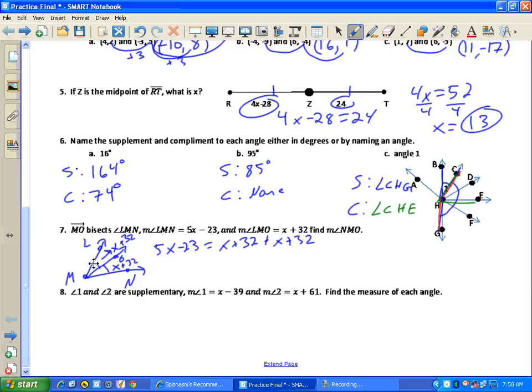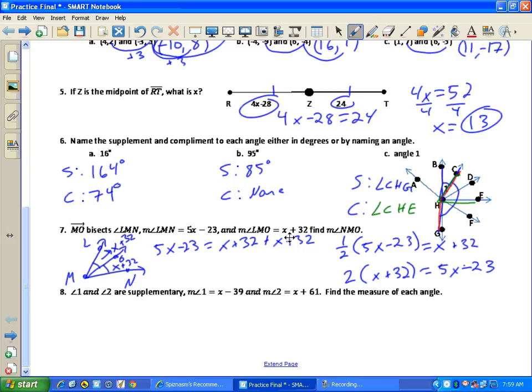Because this is half of the whole angle. So you could say 1/2 of 5x minus 23 equals x plus 32. Or you could say it takes 2 of these to equal that one. 2 of these smaller angles equal the whole thing. Doesn't matter which equation of these you use, you're going to get the same answer.